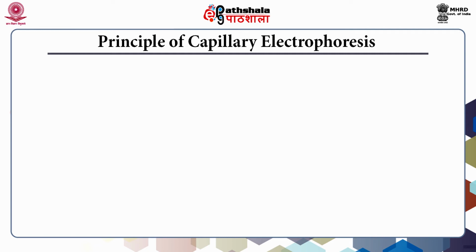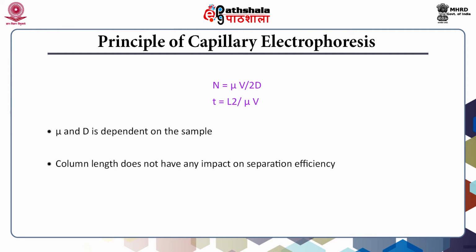Let us again consider both equations, that is N = μV/2D and T = L²/μV. μ and D are dependent on the sample. Also, column length does influence retention time.